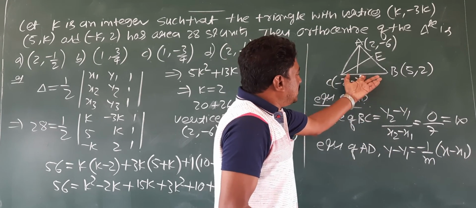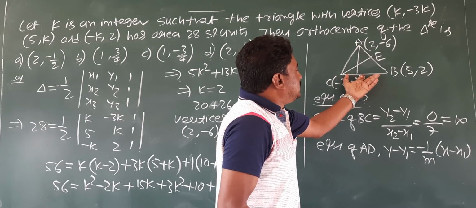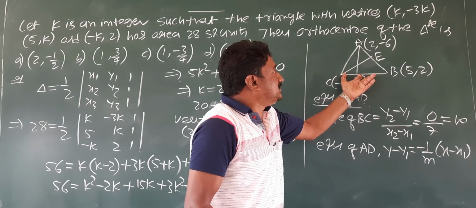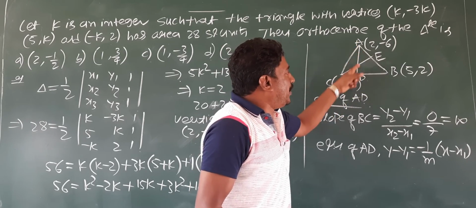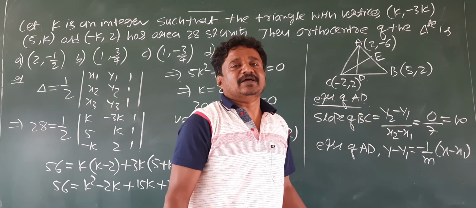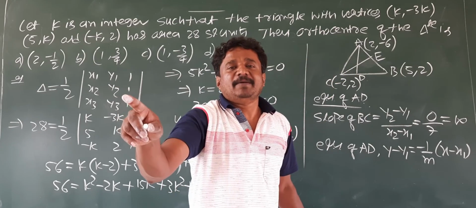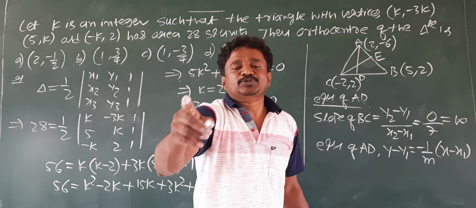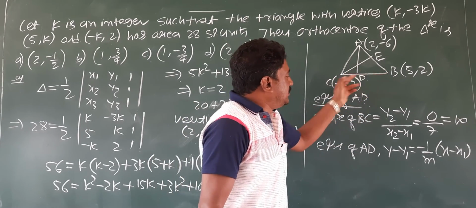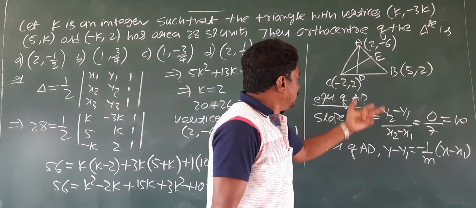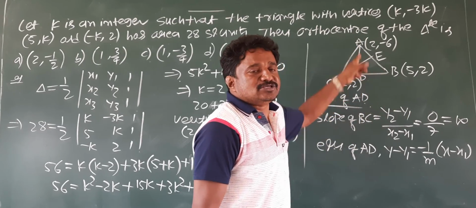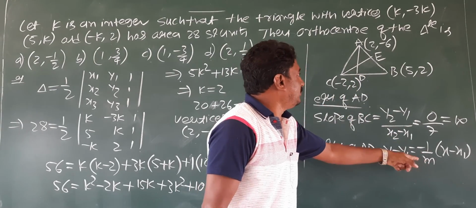You assume the slope of BC as m, then the slope of AD becomes minus 1 by m because they are perpendicular. The product of the slopes should be equal to minus 1. If the slope of BC is m, the slope of AD becomes minus 1 by m.